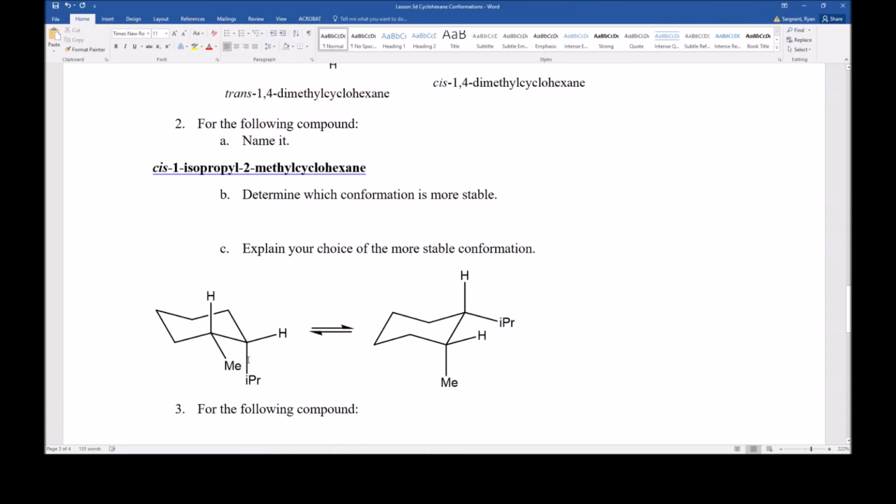On the left-hand side, I have 3 carbons axial and 1 carbon equatorial. And so the right compound is more stable because 3 equatorial, 1 axial carbon is more stable than 3 axial, 1 equatorial carbon.